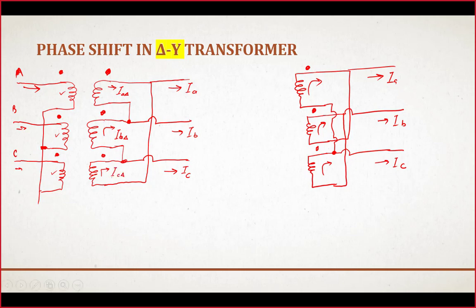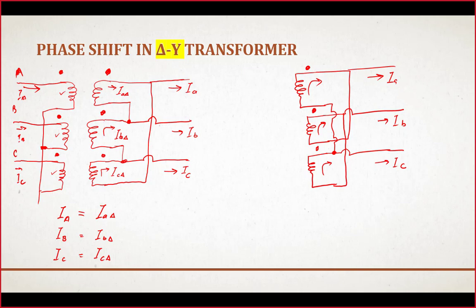If I show you the relationship between the currents IA, IB and IC here and these internal delta currents, here is the relation. IA current in per unit magnitude will be equal to IA delta, IB will be equal to IB delta, IC is equal to IC delta.